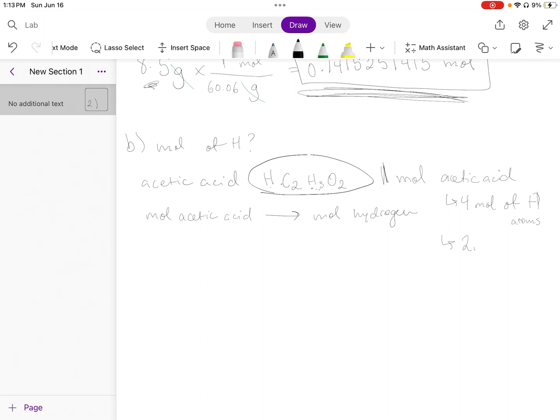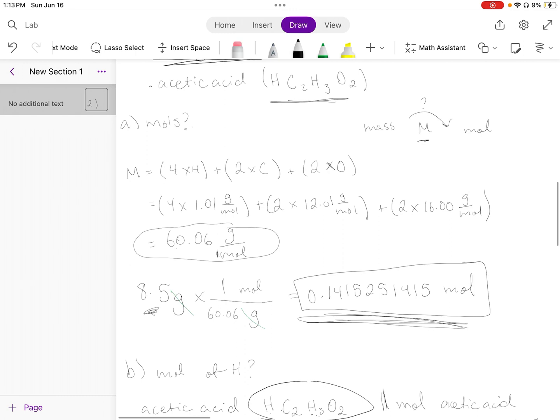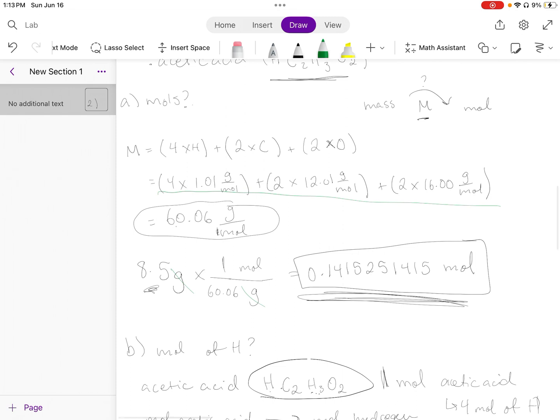Well, we can see they have 2 moles of carbon atoms and 2 moles of oxygen atoms, which we kind of already did in the last question when we were doing our molar mass here. See, we had 4 moles of hydrogen, 2 moles of carbon, and then 2 oxygens.